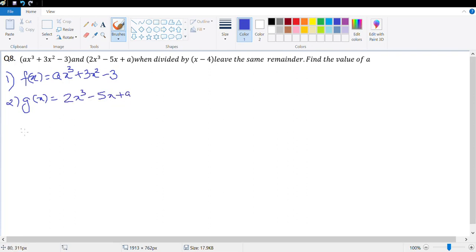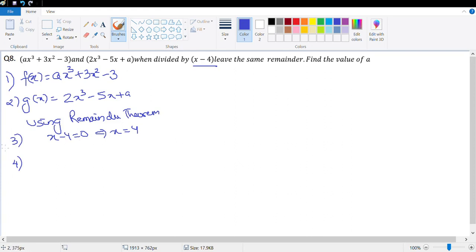Now it is given that x minus 4, using the remainder theorem, x minus 4 is equal to 0, which means x is equal to 4. Let's figure out the remainder when f(x) is divided by x minus 4, which means the remainder will be f(4). When the value of x is 4, whatever is the value of the expression, that will be the remainder.